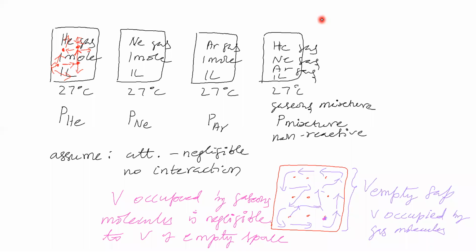If one molecule is repelling another, we can say that interaction is there. If there is no interaction, we cannot say that. So we come to an idea that between gaseous molecules there is no pulling or pushing.